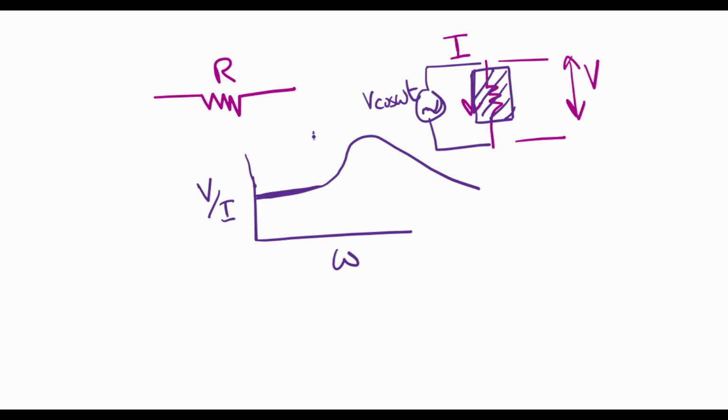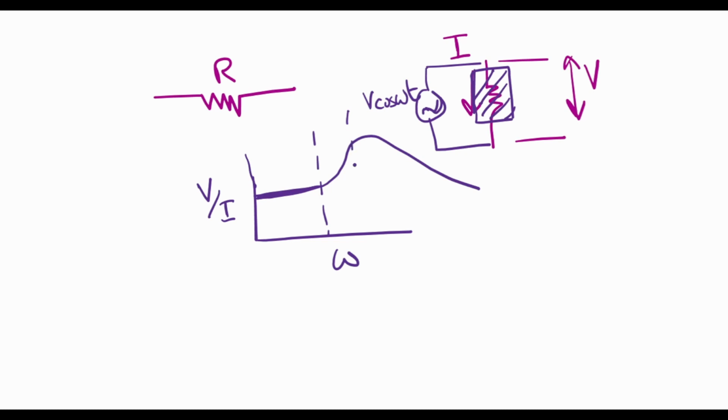So you can see that for this region, the ratio of the voltage and the current which I measure across this device is constant. So this means it is a resistor. So this thing here is a model of this physical phenomena.